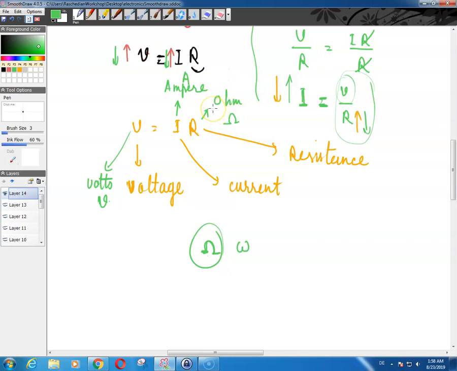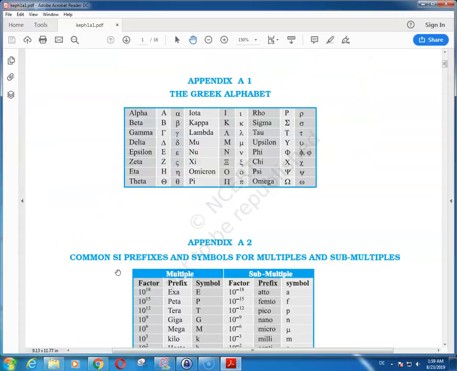Let me get you all the Greek letters here. Okay, so these are all the Greek alphabet, and omega is the last letter over here, and this is uppercase, I suppose.